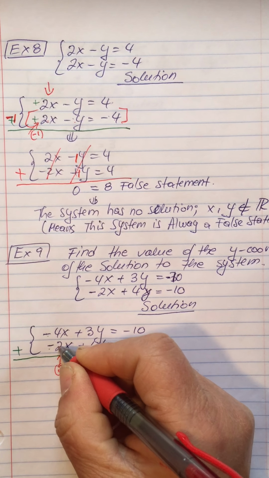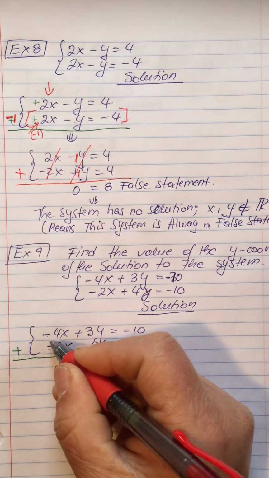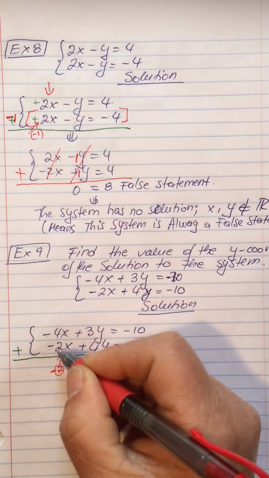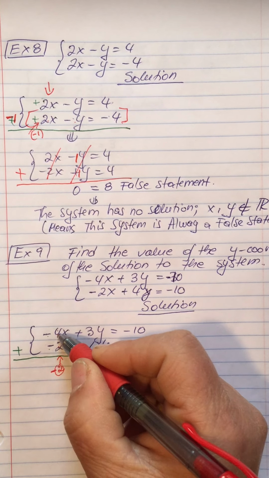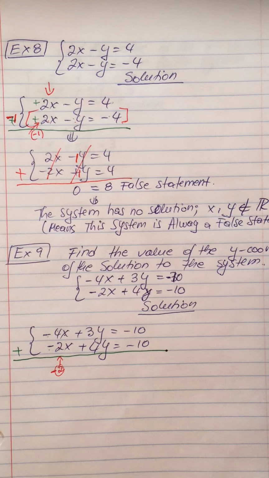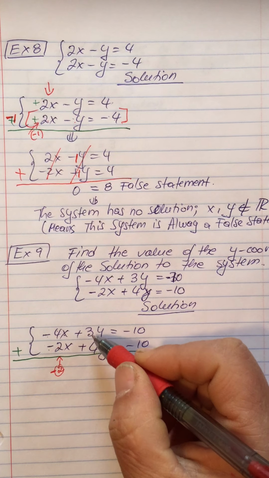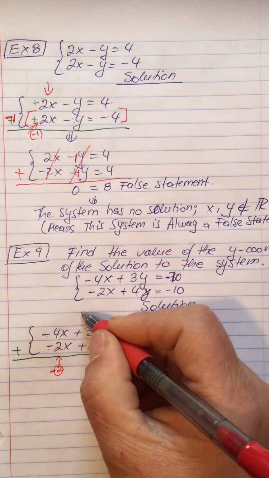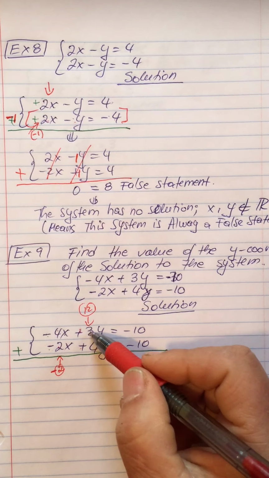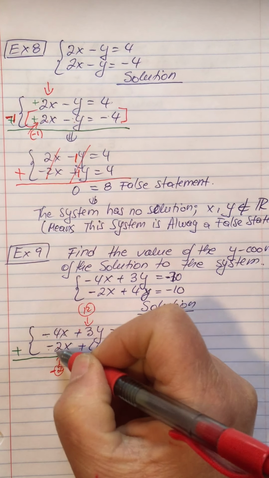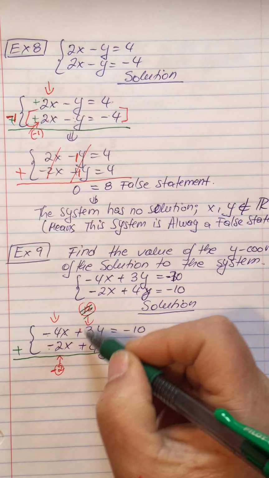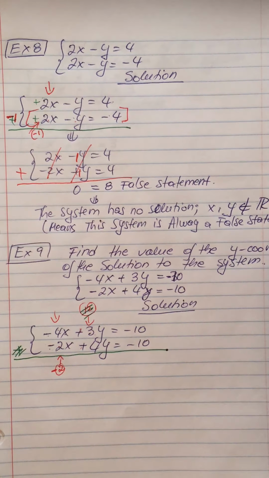So 2 times 2 is 4, and if I want to change the signs, I have to multiply by negative 2. Negative 2 times negative 2 becomes positive 4, and negative 4 plus 4 is 0. Looking at y's, I would have to manipulate both, but why work on both equations when I can work only on the second? So I'm choosing to eliminate x, forget about eliminating y.